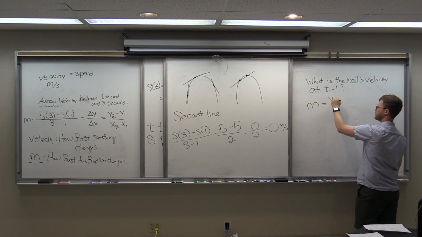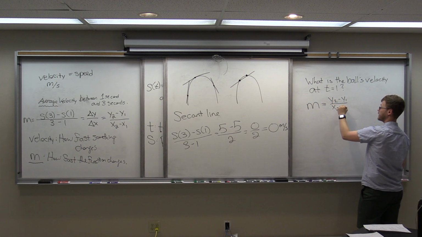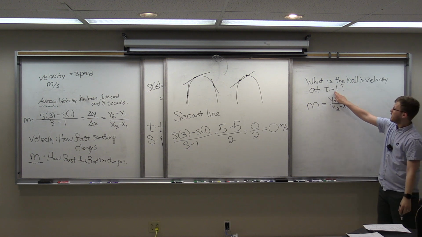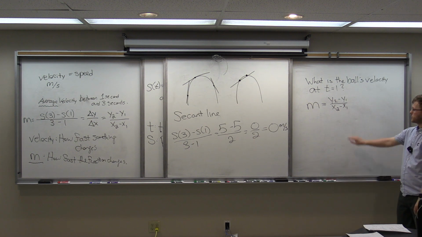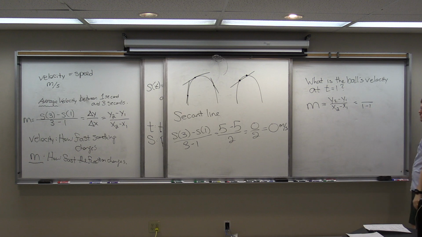Remember that m is equal to y2 minus y1 divided by x2 minus x1. If I only have 1 point, there's a problem here. Because I can't just plug in 1 for both of these values. Something terrible is going to happen. I'm going to be dividing by 0. Again, we're breaking that rule of mathematics that you can't divide by 0. So I can't just plug in t equals 1.